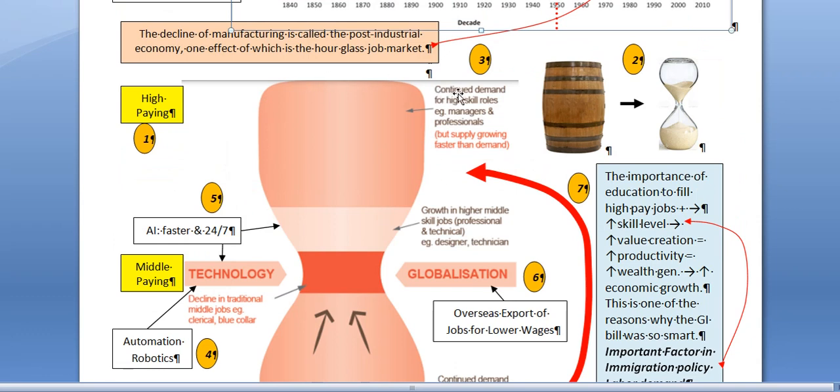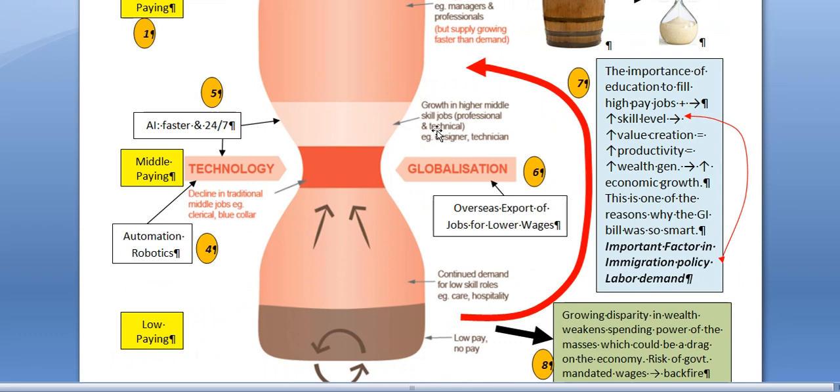So the high-paying jobs are high-skilled roles, managers, professionals. And then you have higher middle skill jobs, which are professionals and technicians.